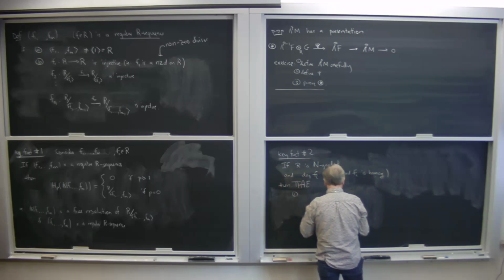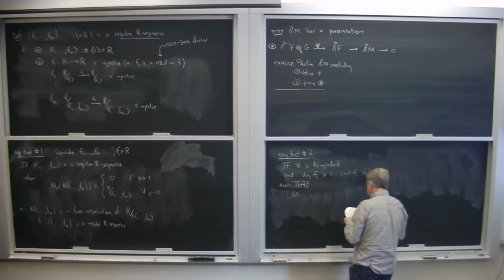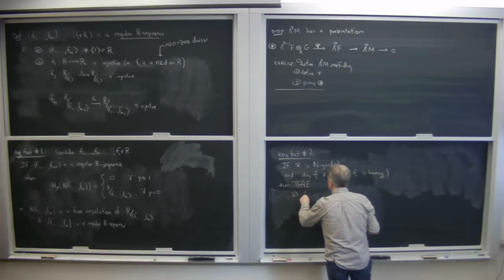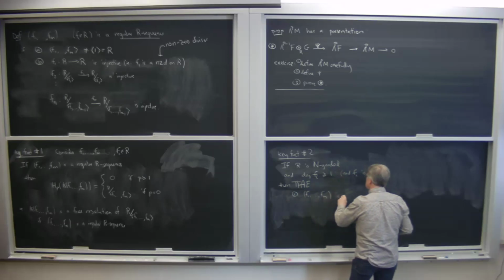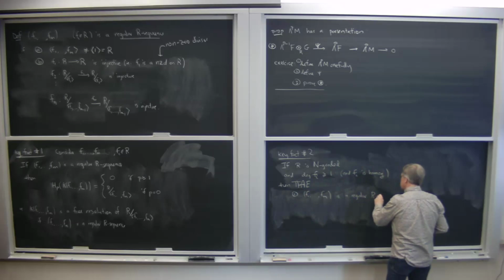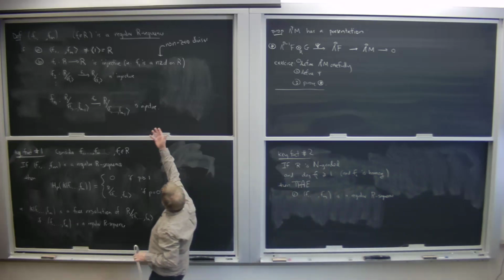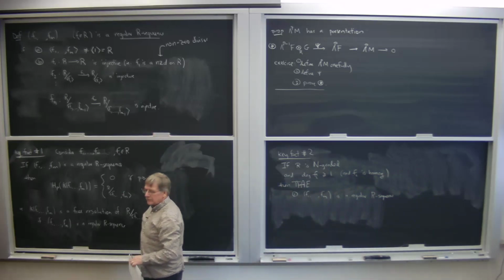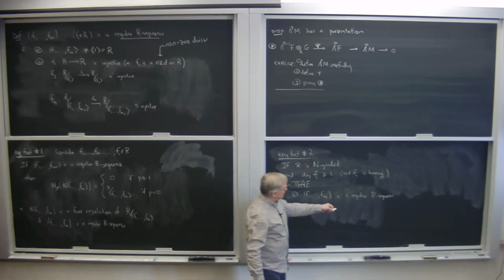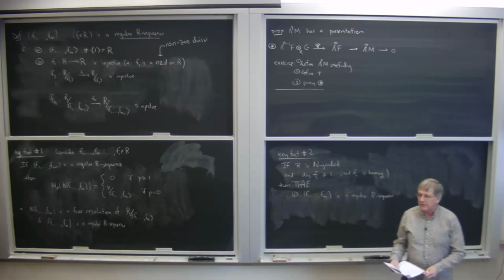1, that f1 to fm is a regular R sequence. Typically, if you don't have a module here, we are just doing it for R. Usually you might see it just written as regular sequence, not regular R sequence.